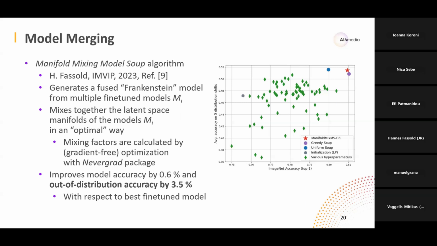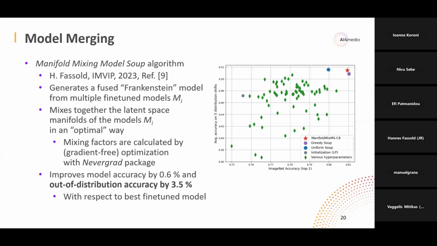You have ObjectNet and so on. So the really nice thing is that this model merging is doing a good job in improving the out of distribution accuracy, so the generalization, I would say.